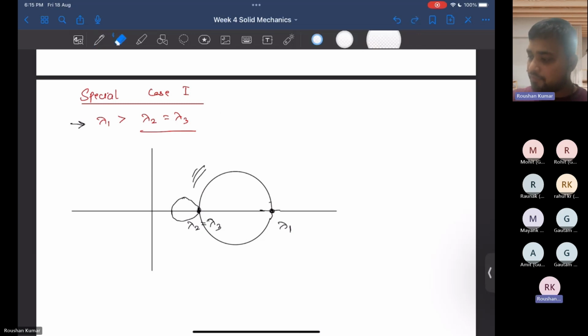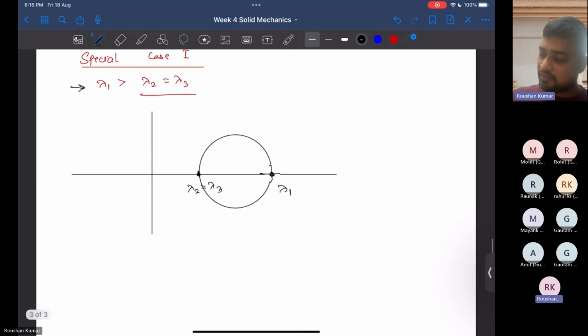But if the lambda2 value equals lambda3, then the shaded region also vanishes. That means when any two principal stresses are equal, only a single Mohr circle will exist and the shaded region will vanish.